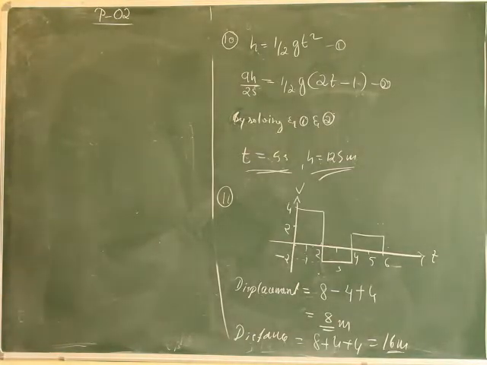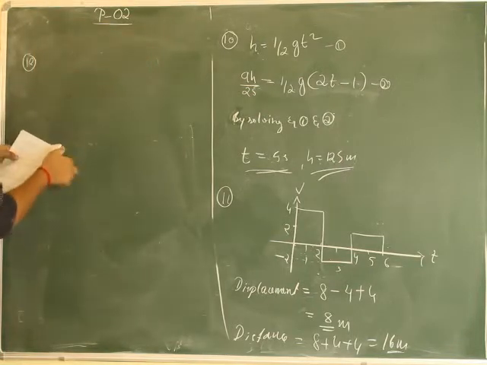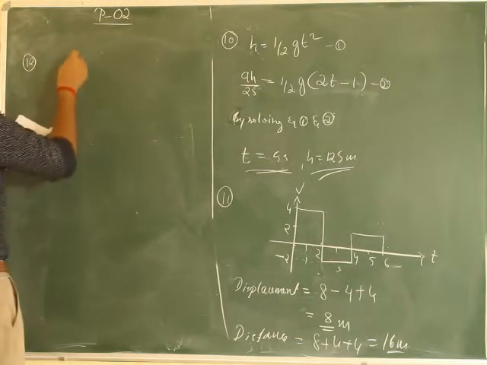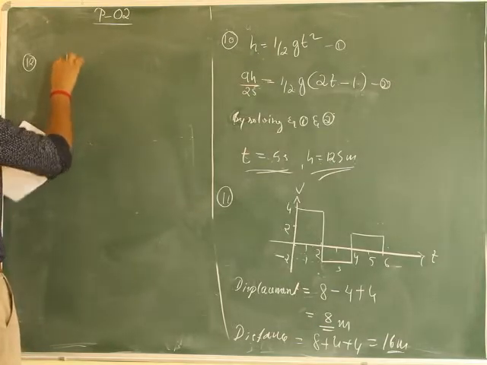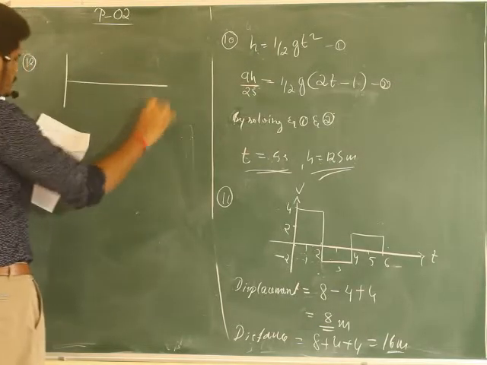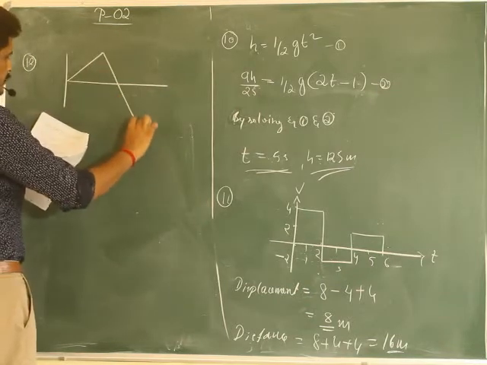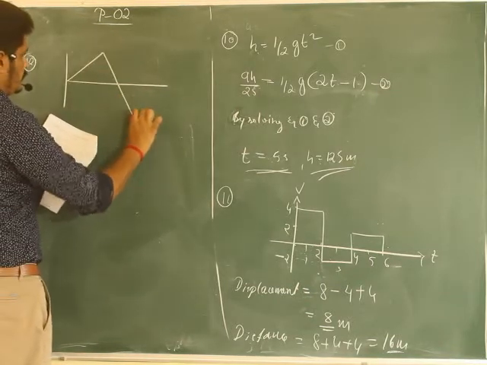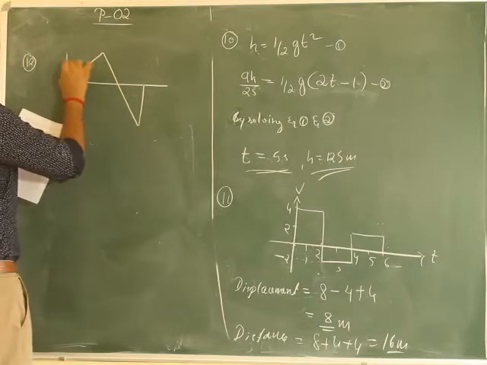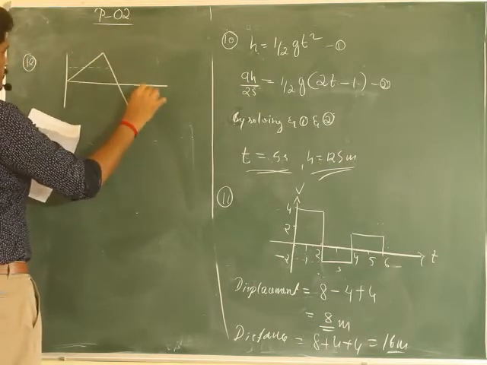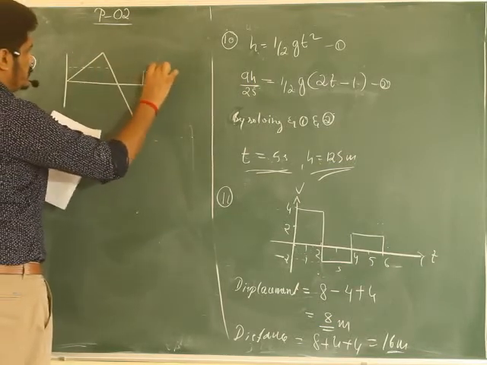It's a graph oriented kind of question. Next, question number 12. It is also a graph oriented numerical. The graph goes sharply down and up like this, and again it continues like this.